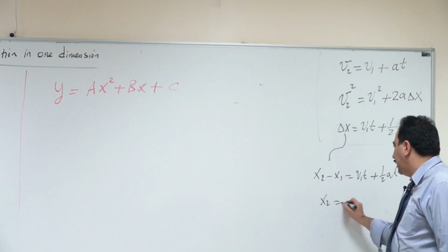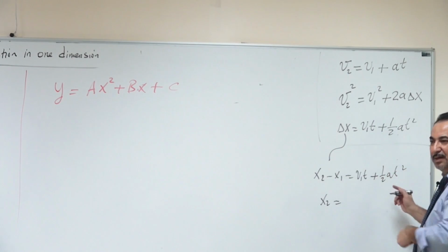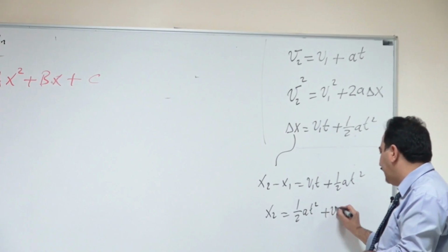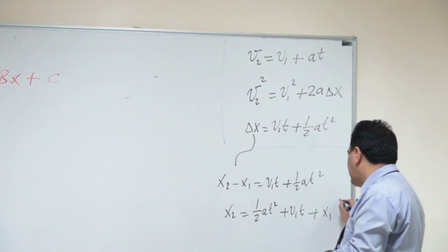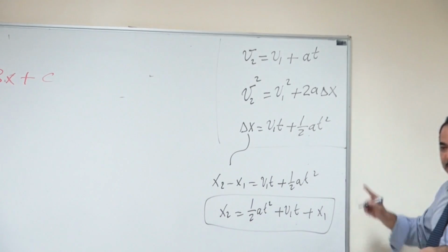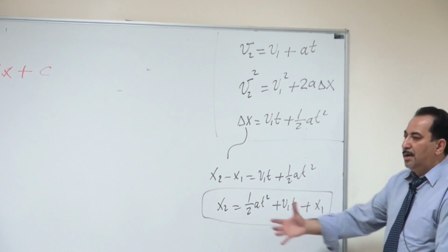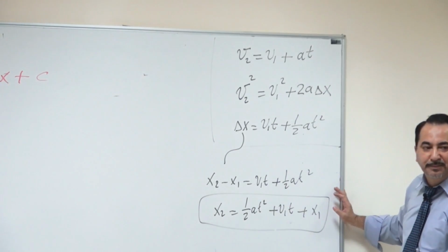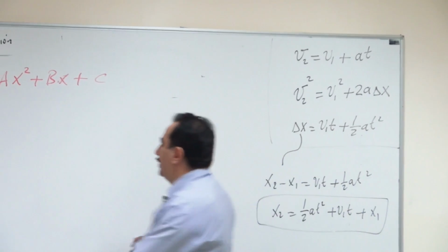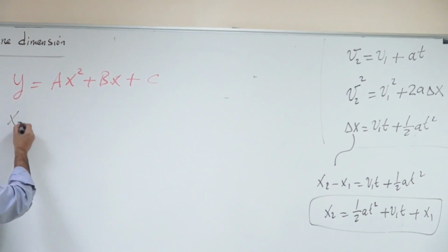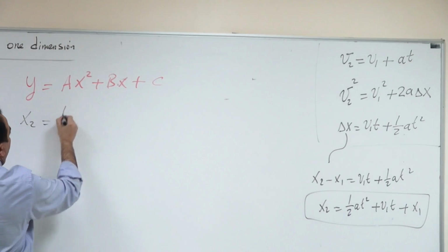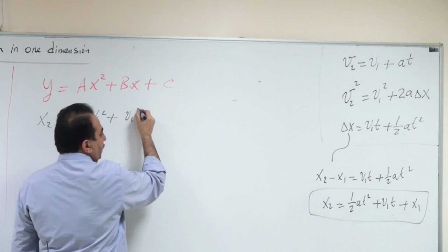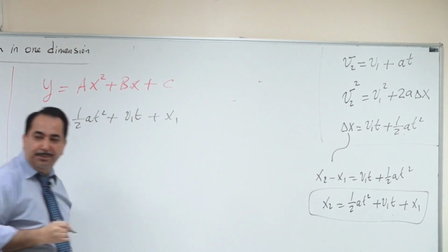You will have x2 equals, and I rearrange this, I put the square first, half at squared plus v1t plus x1. Still the same equation. This is a quadratic, yes? Compare it to the standard quadratic. So it's the same, but compare what represents what: half at squared, v1t plus x1.